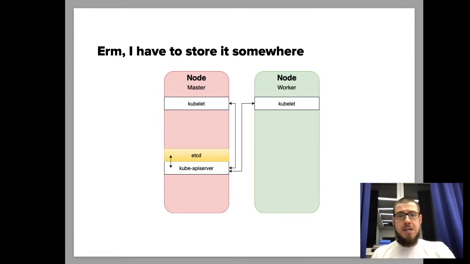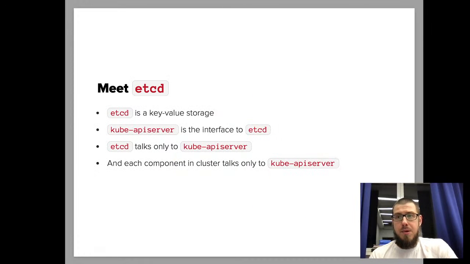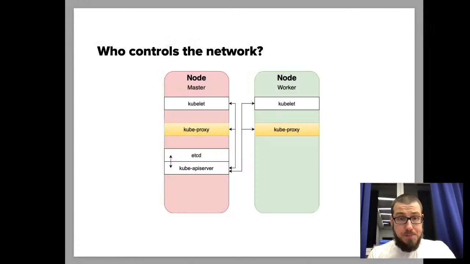We have kubelets, reporting their state and receiving their tasks from the kube API server. The kube API server itself talks only to etcd and stores everything there. etcd is just a key value storage. It has a lot of clustering abilities, but we'll talk about that a little bit later. Right now we have to understand that the kube API server talks only to etcd, I mean when we are talking about storing the data of the cluster.